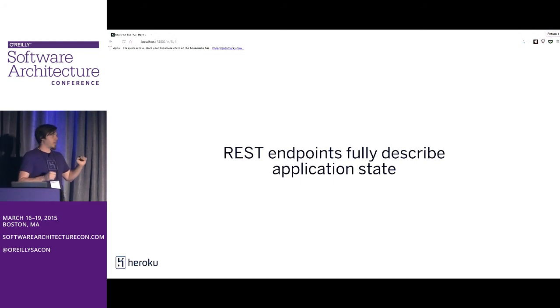Another point I'd like to make is that our existing REST API can fully describe our application state. If this wasn't true, then we wouldn't be able to make clients which were fully featured consumers of the API itself.